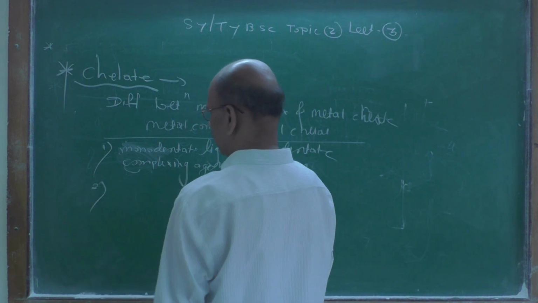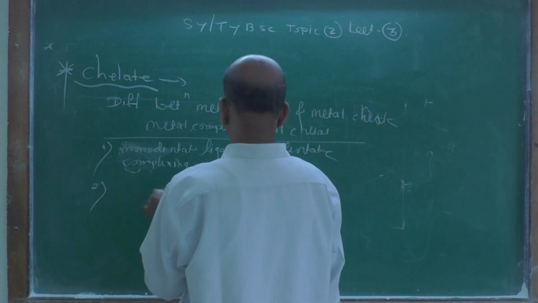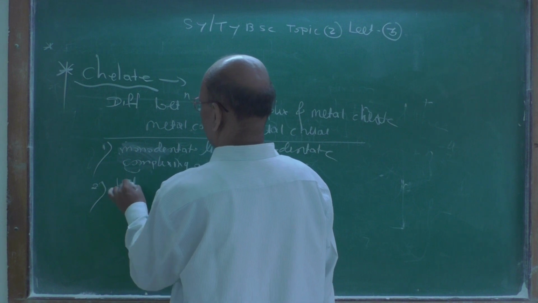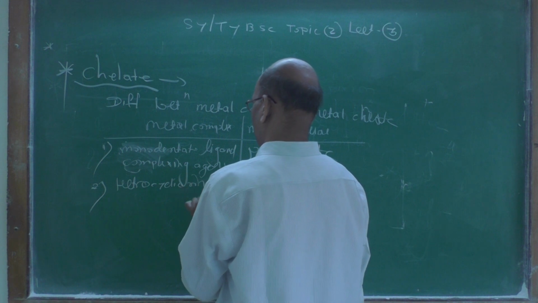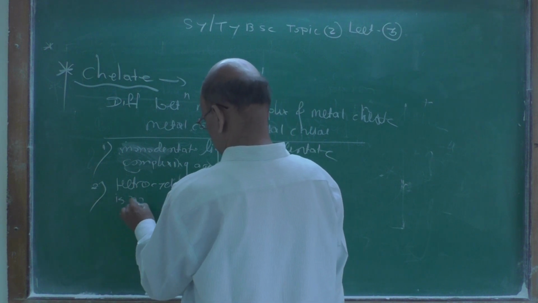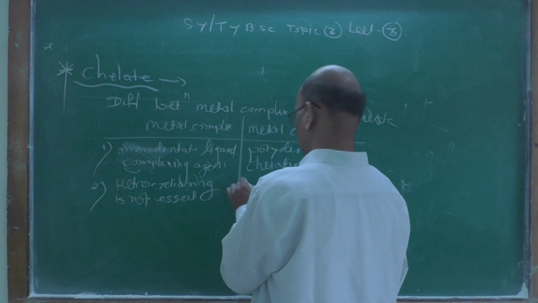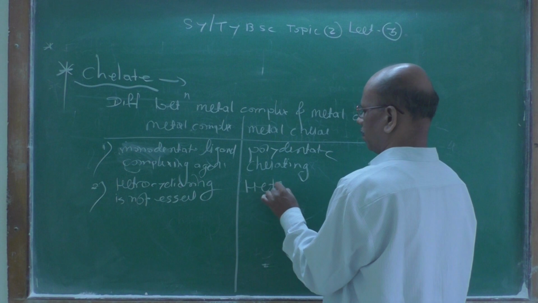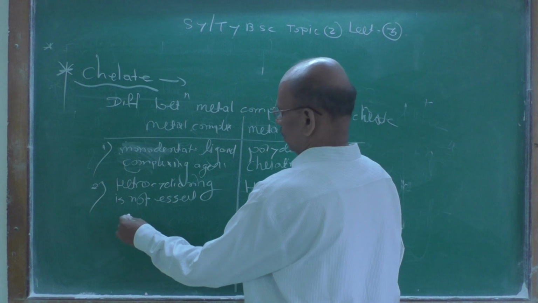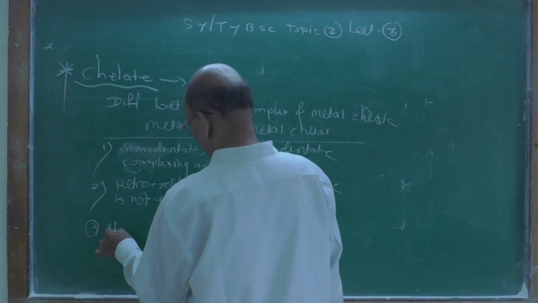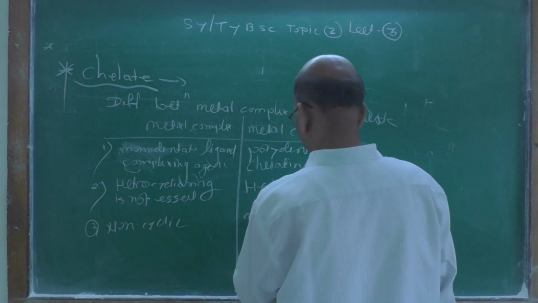Second point, in a metal complex a heterocyclic ring is not essential, whereas here a heterocyclic ring is essential. Third point, it is a non-cyclic compound, whereas the other is a cyclic compound.